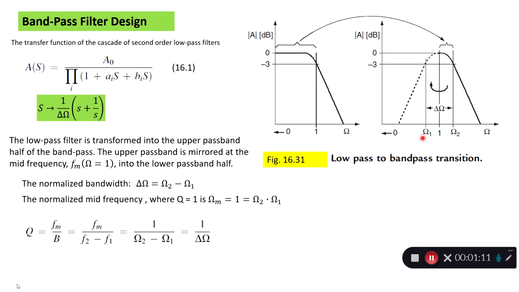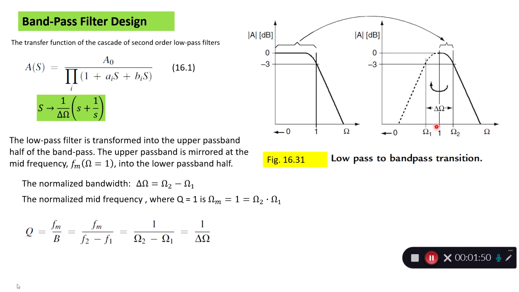And it's mirrored around the mid frequency, and the mid frequency is, compared to the low pass filter, our corner frequency. It's the essential frequency we are interested in for a bandpass filter, because the 3 dB frequencies down here give the bandwidth, and this is the normalized bandwidth because we have a normalized frequency axis around our mid frequency.